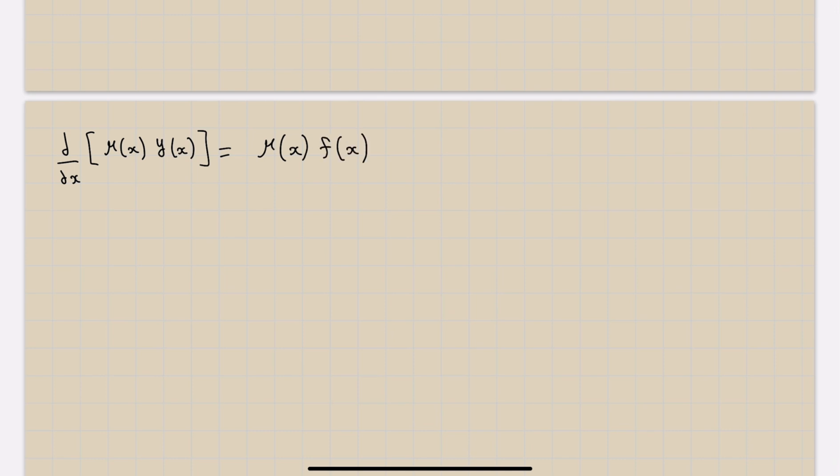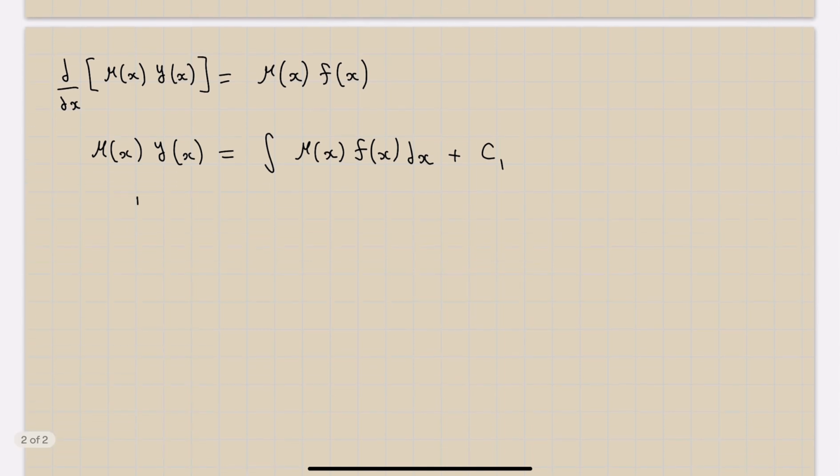This is very simple to integrate. We have mu(x) y(x) is equal to the integral of mu(x) f(x) dx, plus another integration constant c1, which depends on the initial conditions. Then we bring the mu(x) to the right hand side and we get our solution.